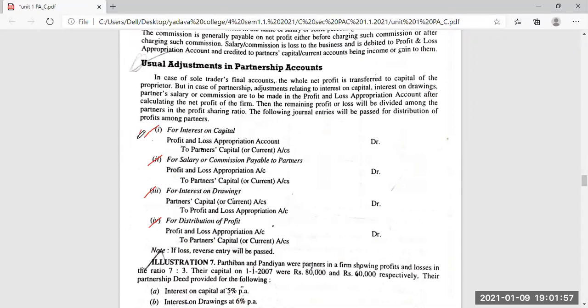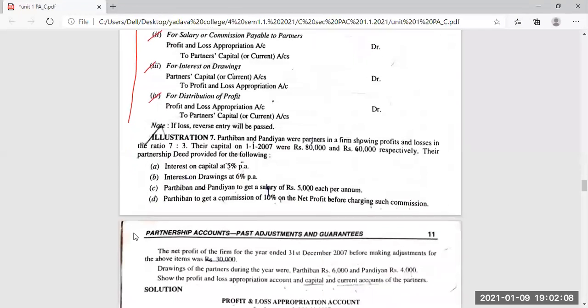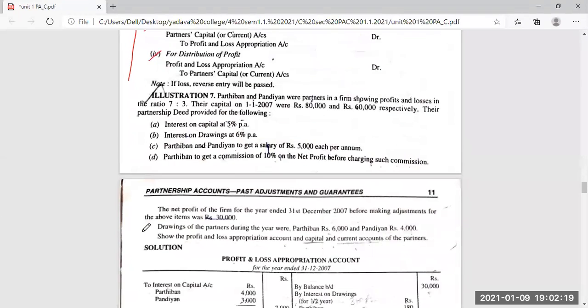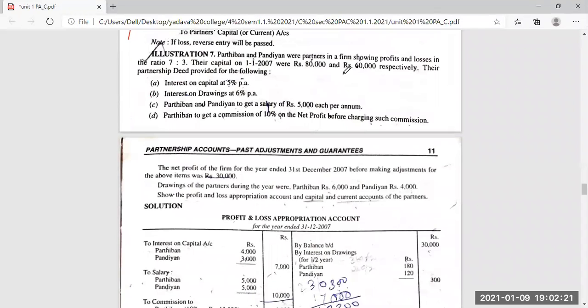So these are the journal entries that should be passed when partnership accounts have to be followed in the final accounts. Shall we move on to the problem? Parthiban and Pandian were partners in a firm sharing profit and loss in the ratio of 7:3. Their capitals in 2007 were 80,000 and 60,000.